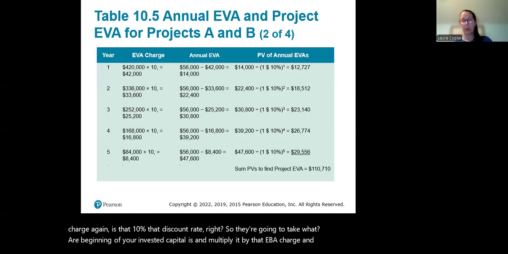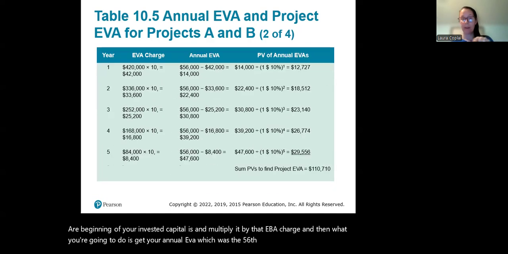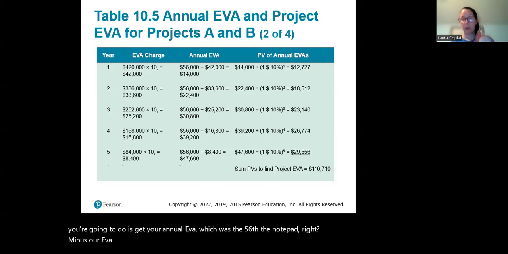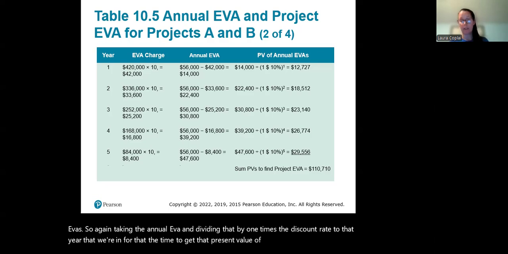And then what you're going to do is get your annual EVA, which was the 56, the NOPAT, minus our EVA charge to get what our annual EVA is. And then the present value of those annual EVAs. So again, taking the annual EVA and dividing that by 1 plus the discount rate to the power of the year that we're in to get that present value of that annual EVA.